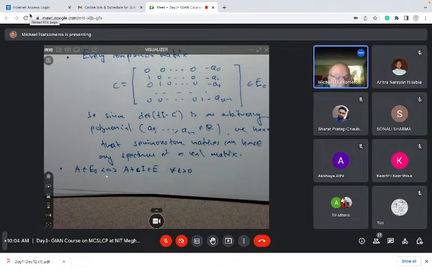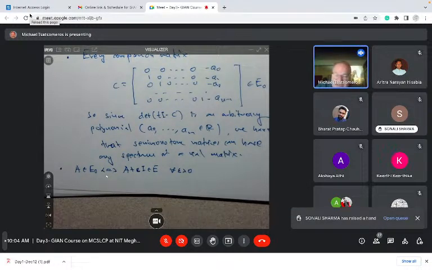In other words, any spectrum of an invertible matrix, it doesn't have to be that, any spectrum can be achieved by a semi-monotone matrix. You just have to translate it by an epsilon. So we can state that result for strictly semi-monotone matrices.